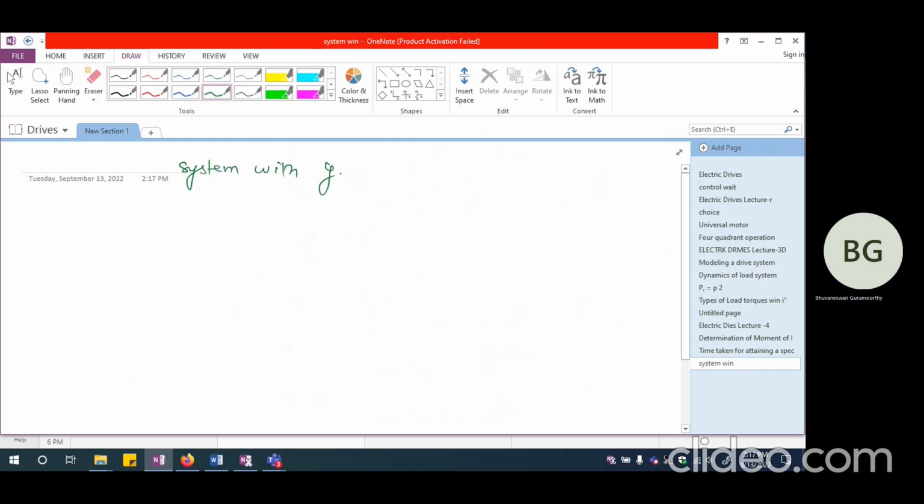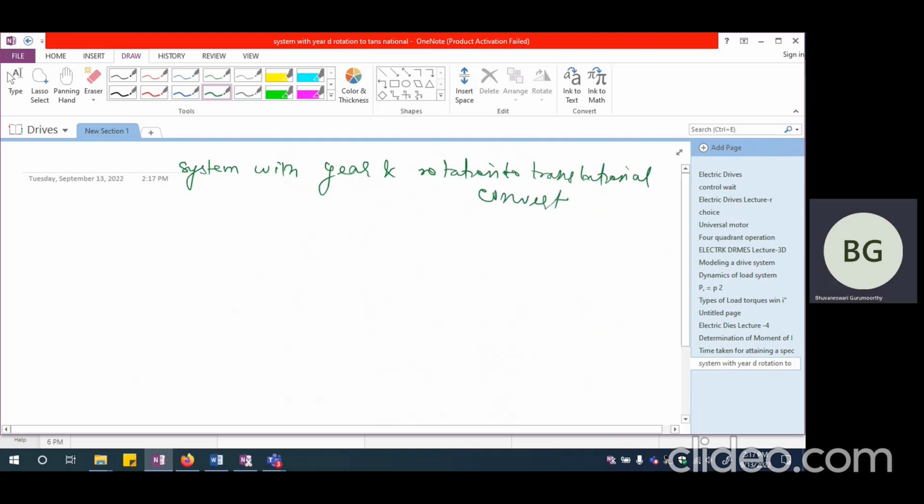gear and rotation to translational converter. The second thing we looked at was types of load torque.